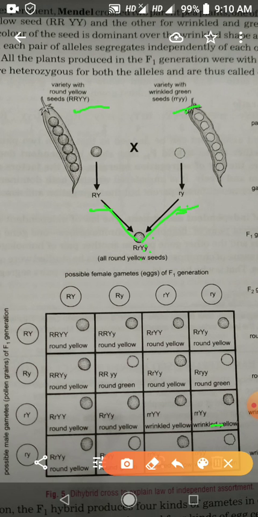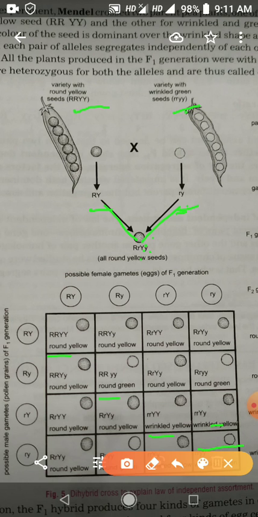Of these 4 types, 2 are in the parental combination, that is round yellow and wrinkled green. 2 more are the new combination: one is round green and other is wrinkled yellow.